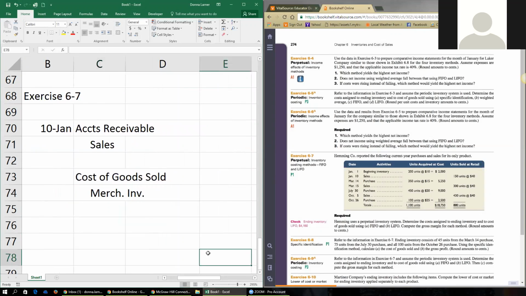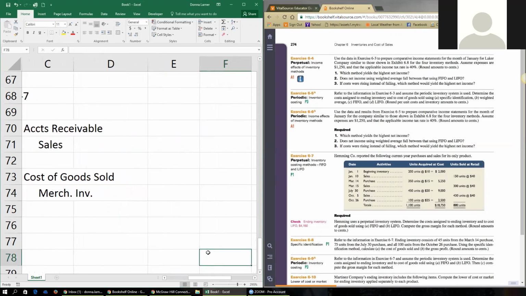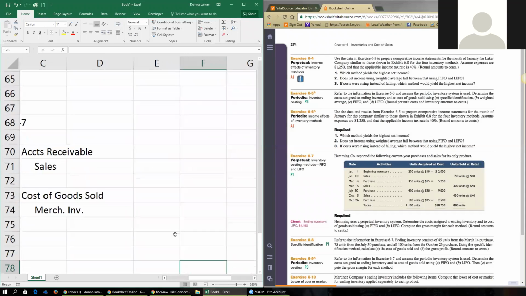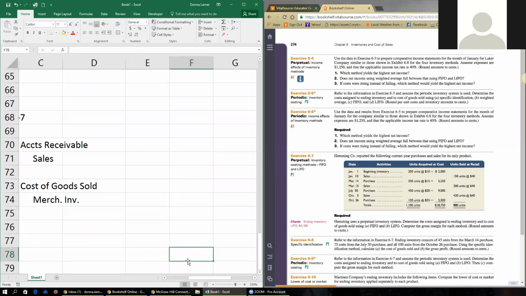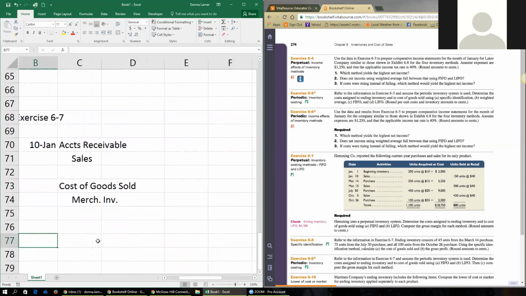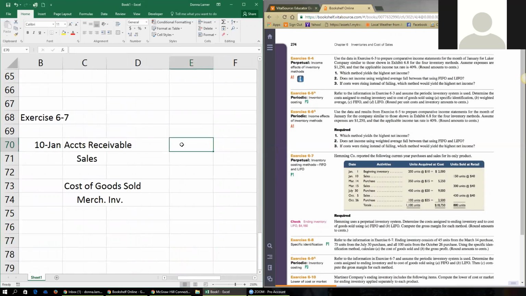The only problem is we also have to record how much we sold, the dollar amounts for these sales. So accounts receivable and sales are going to be at the price we charged our customer. Well, we sold 150 products at $40 each.